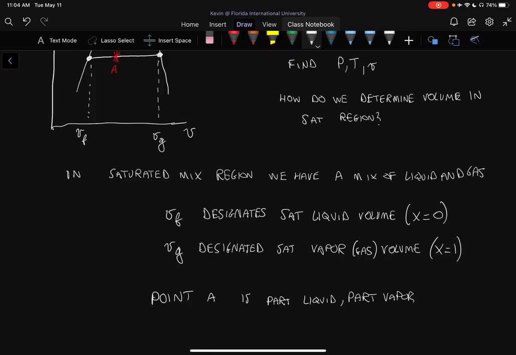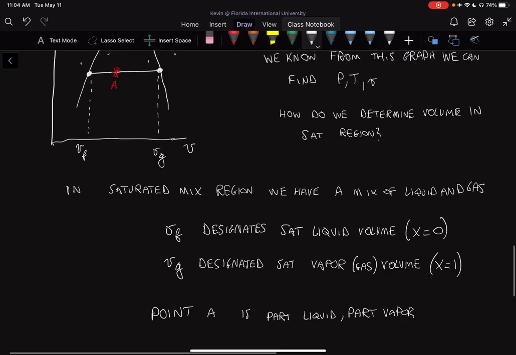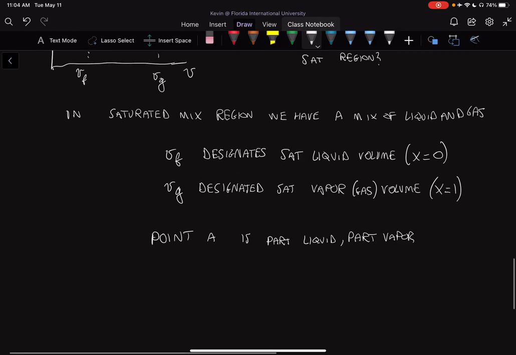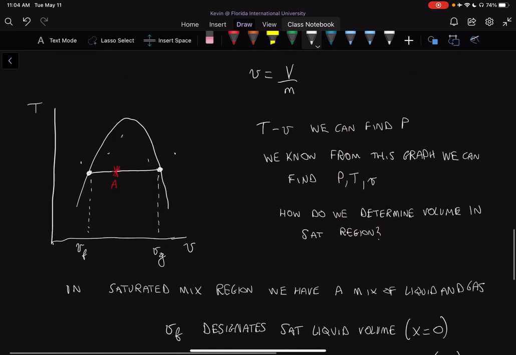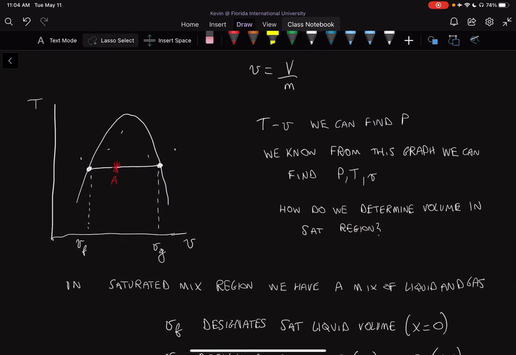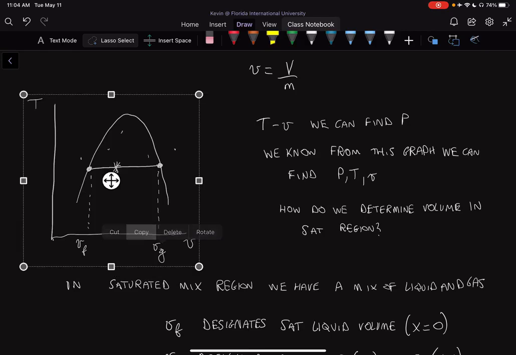So how do we determine how much of the region is part liquid and how much of the region is part vapor? I'm going to copy over the diagram. I'm going to recopy the diagram over lower so that we have it.